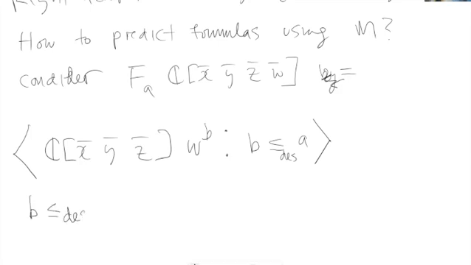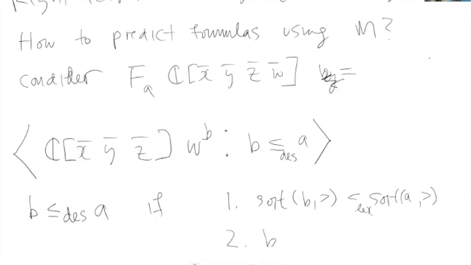So in other words, the ordering for which B is less than or equal to A if, number one, I sort B in reverse order, and this is less than or equal to sorting A in the lex order. And then to break ties, I would simply compare B and A directly.